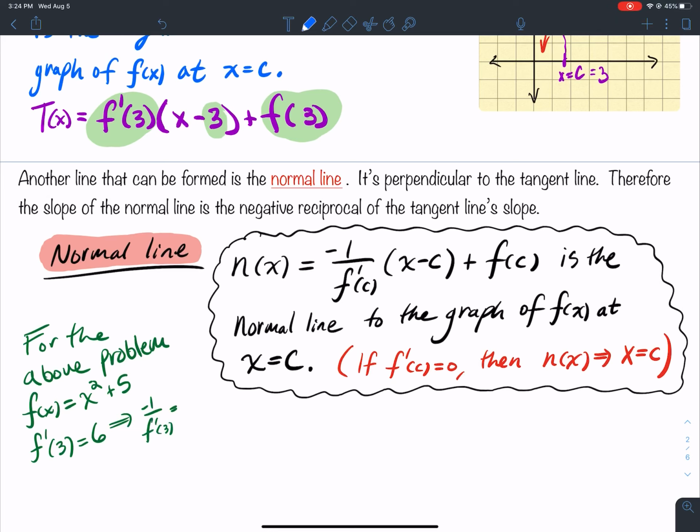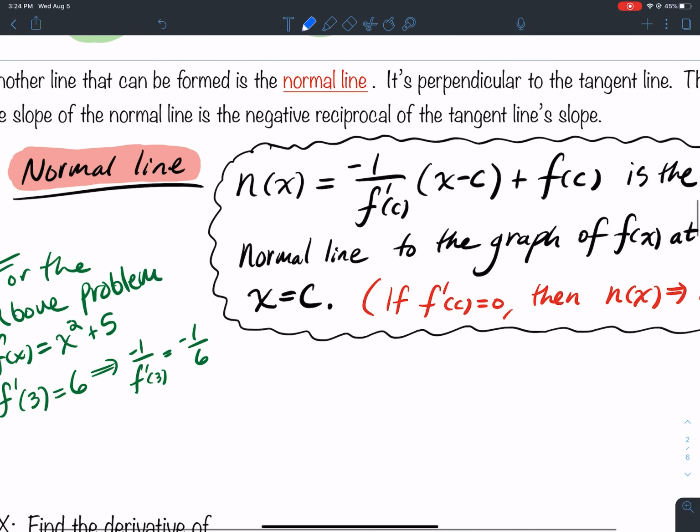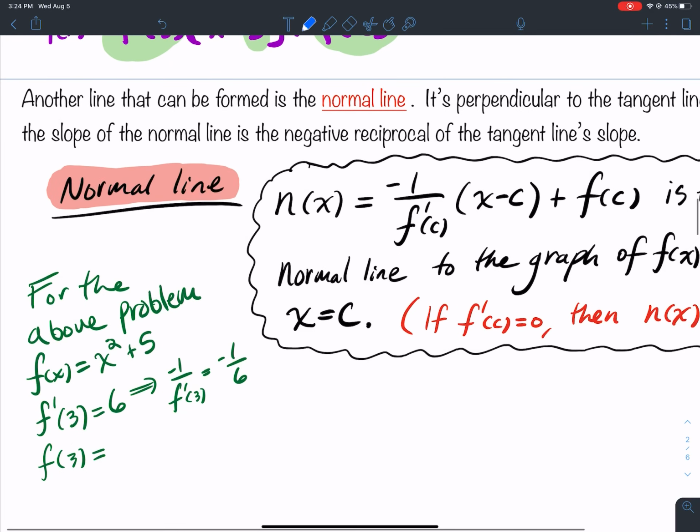And if I want to do the negative reciprocal here, that's negative 1 over 6. So you can go right from here to here, okay? And you get the negative 1/6. So that's your slope, that's one part, but the other part you need is your f of c.